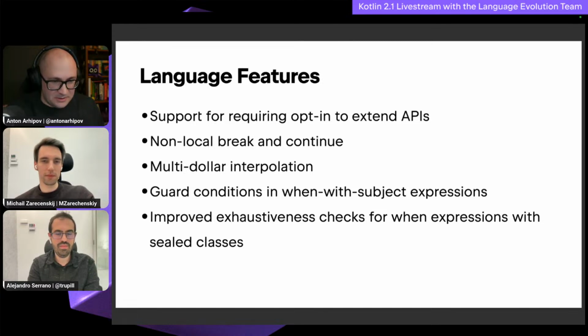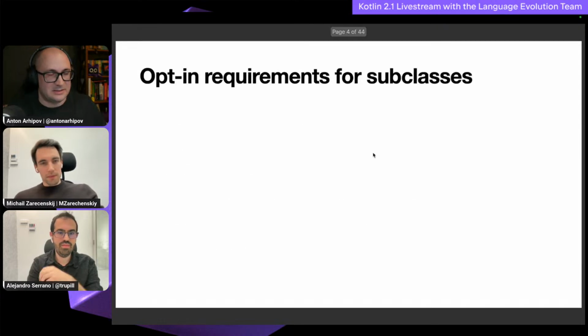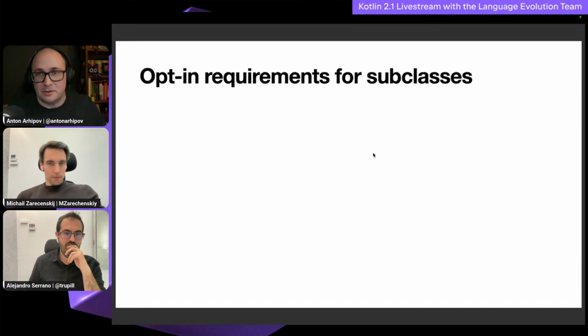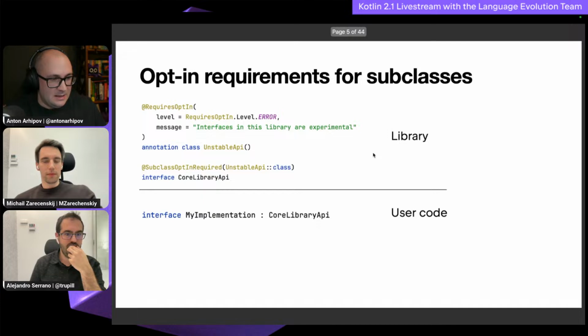So the very first on the list, which is not experimental but works out of the box when you install 2.1 or upgrade your projects to 2.1, is opt-in requirements for subclasses. It seems like a nice feature for library authors to control the impact of the experimental APIs that the consumers of the library might be using.